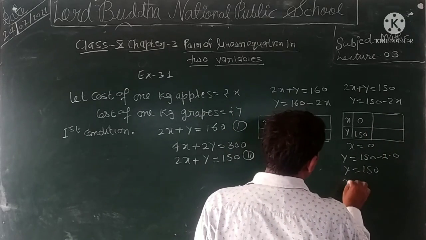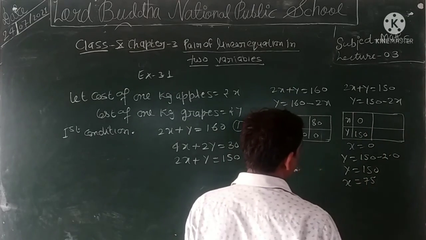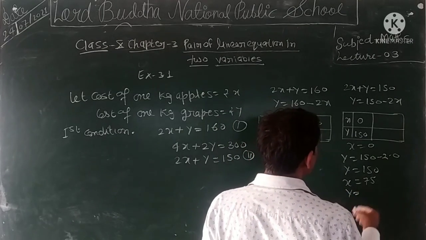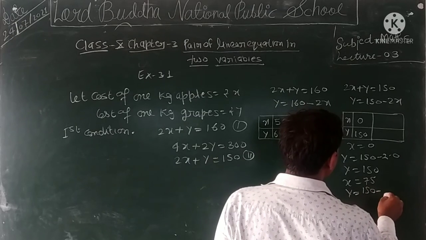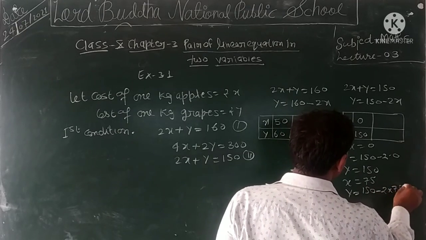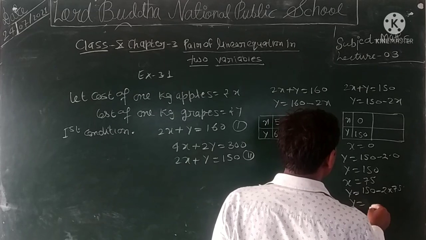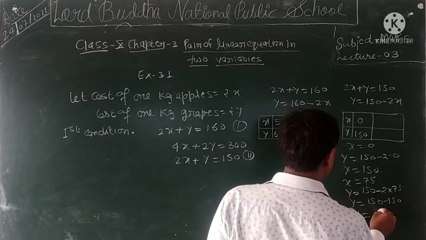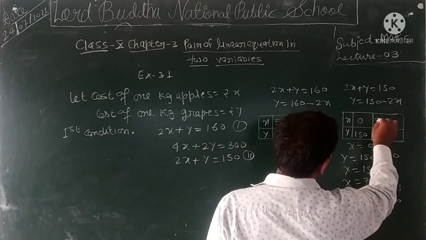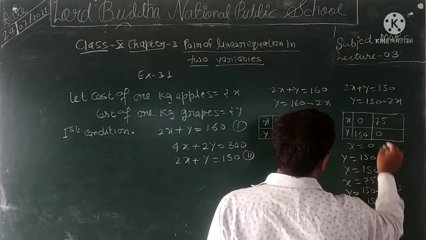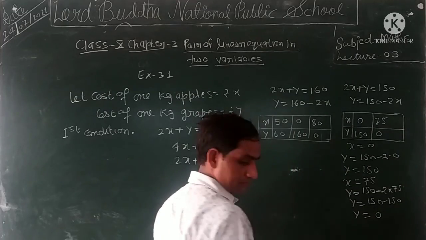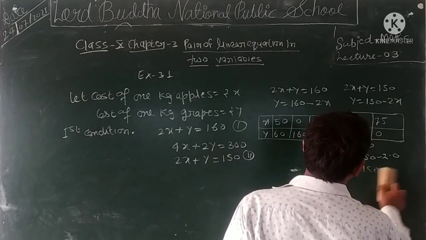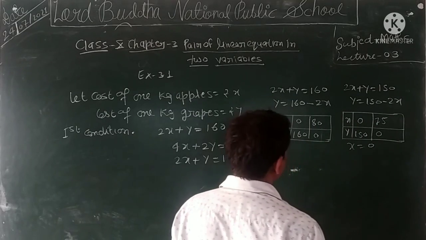We take X equal to 75. When we take X equal to 75, we get Y equal to 150 minus 2 into 75, so Y equal to 150 minus 150, Y equal to 0. That means when X 75, Y 0. Now we take another value.